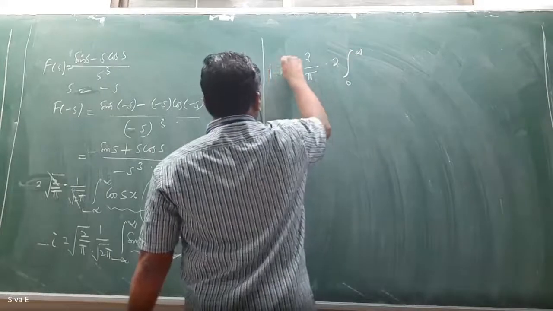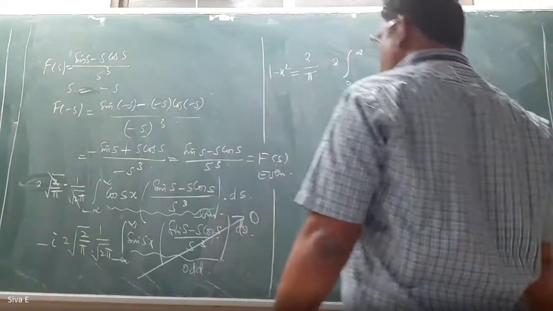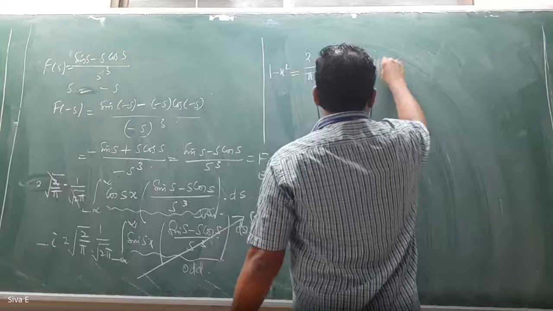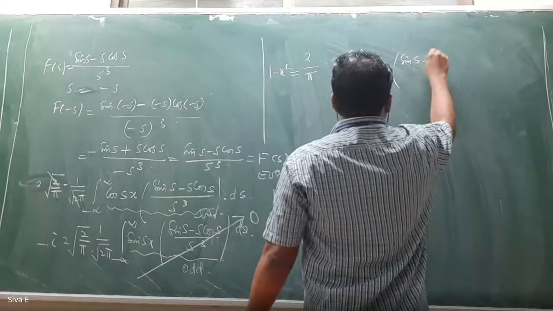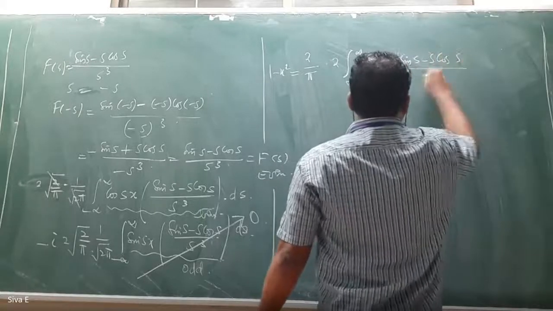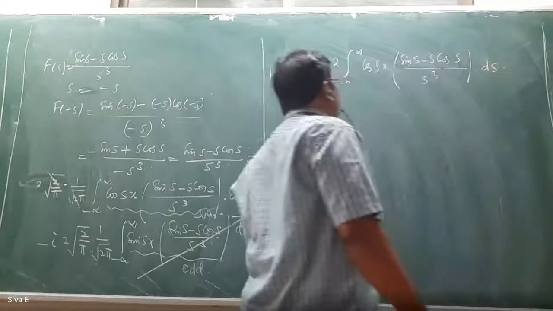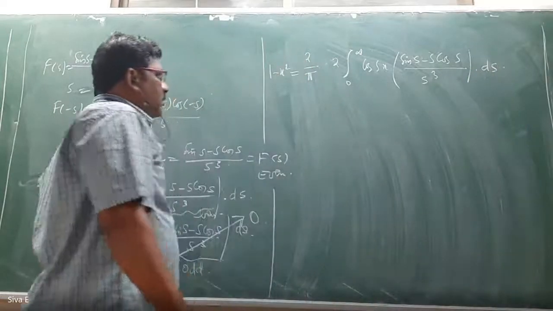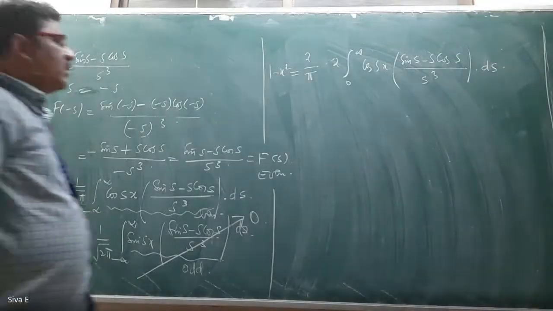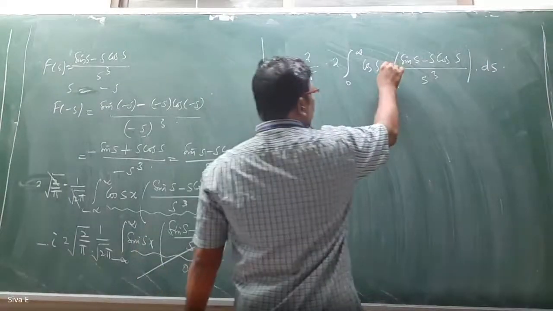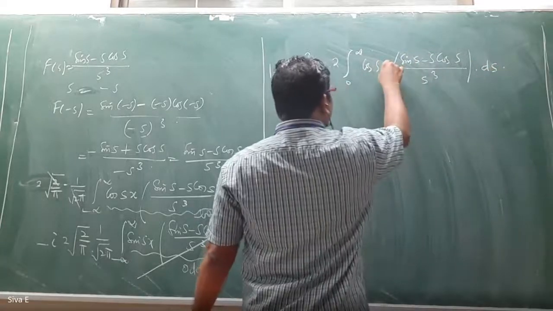What is the right hand side? 1 minus x square equals integral from 0 to infinity cos sx, (sin s minus s cos s) by s cube, ds. But we need s by 2, is it not? Sin s minus s cos s by s cube, ds, cos s by 2 we need.